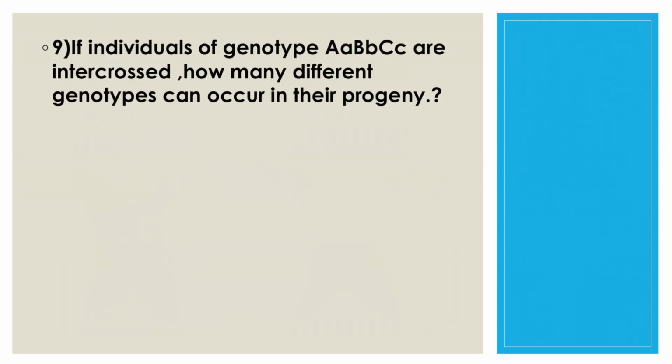Next question is the same. If individuals of genotype AaBbCc are intercrossed, how many different genotypes can occur in their progeny? If the number of pairs is n, the phenotype is 2^n and the genotype is 3^n.